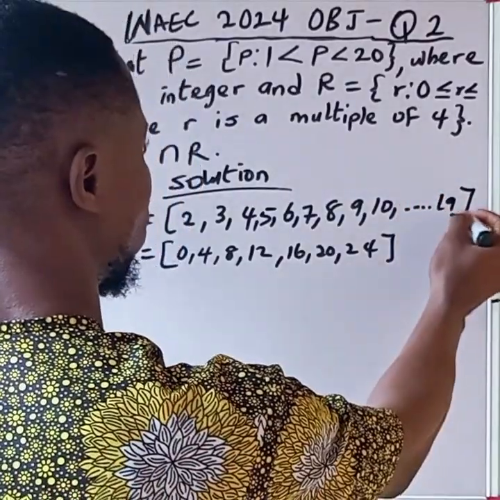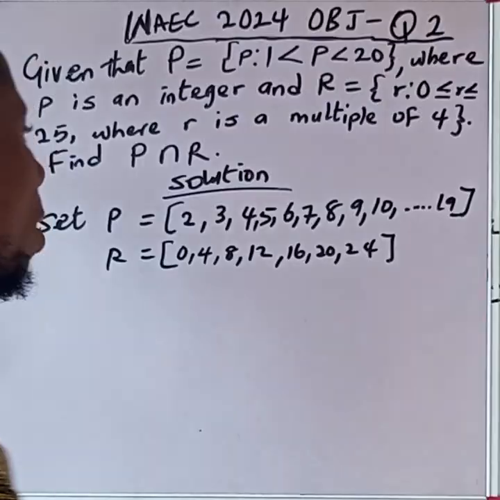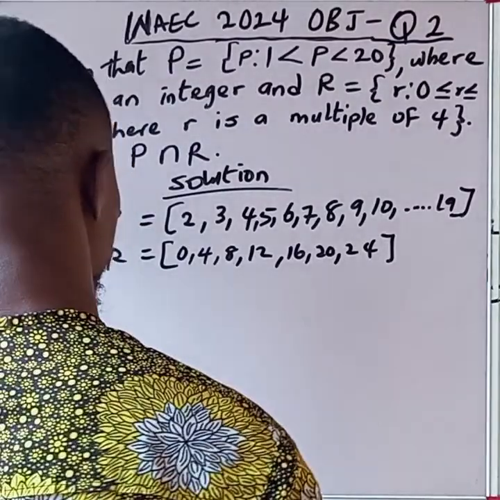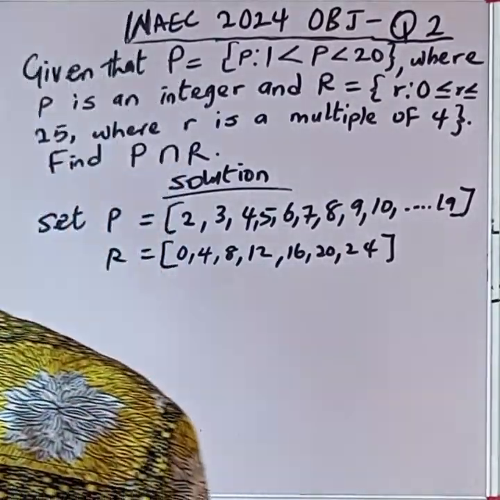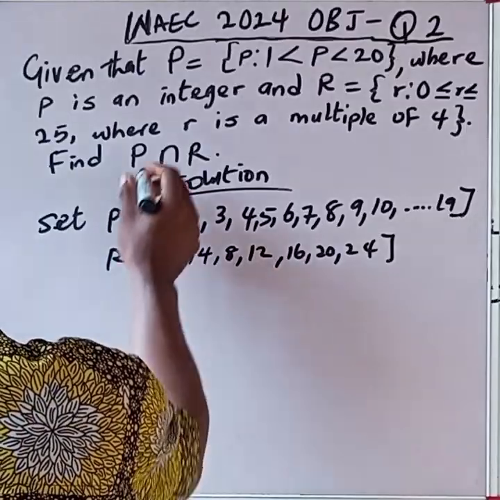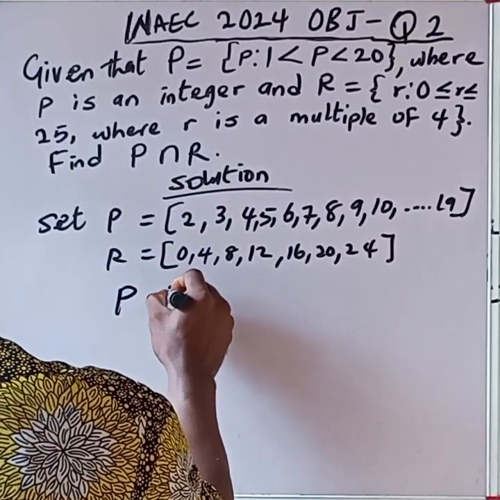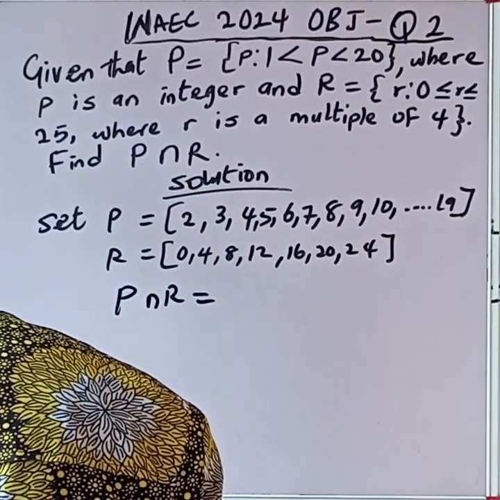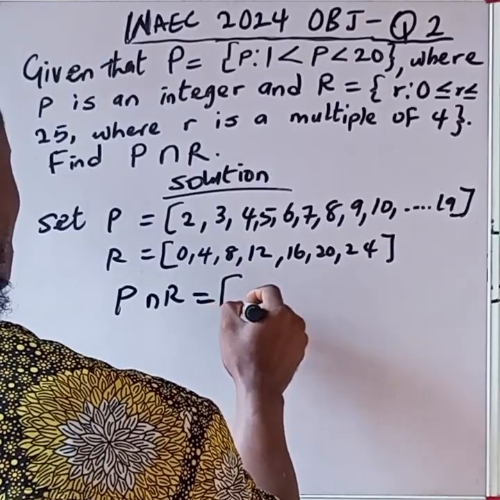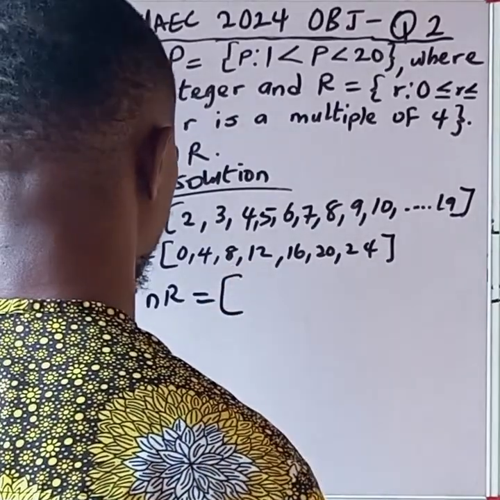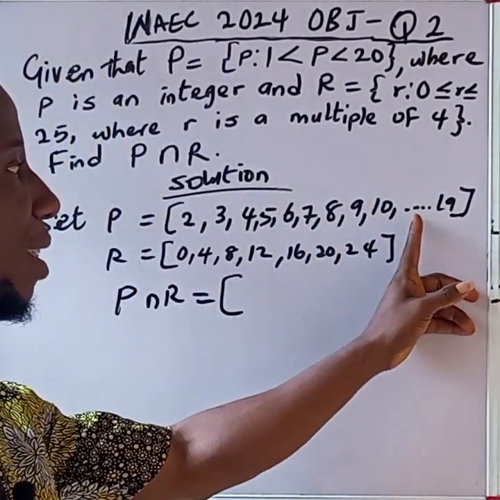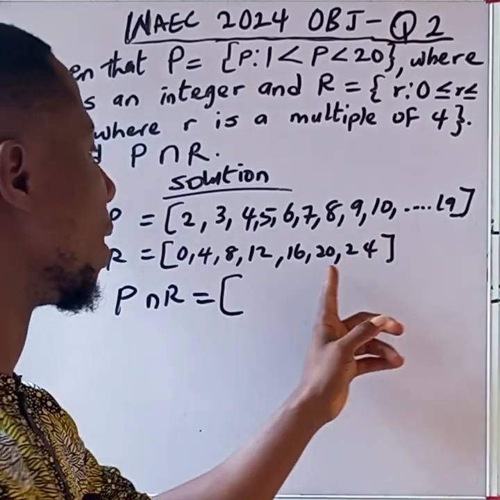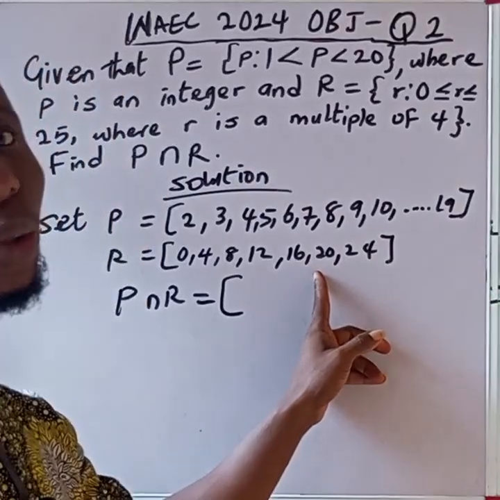All right, so now at least we have expanded this a little. So now let's look for the elements that are in both set P and set R. So our P intersection R is equals to what? What are the numbers that are in set P that are also in set R?